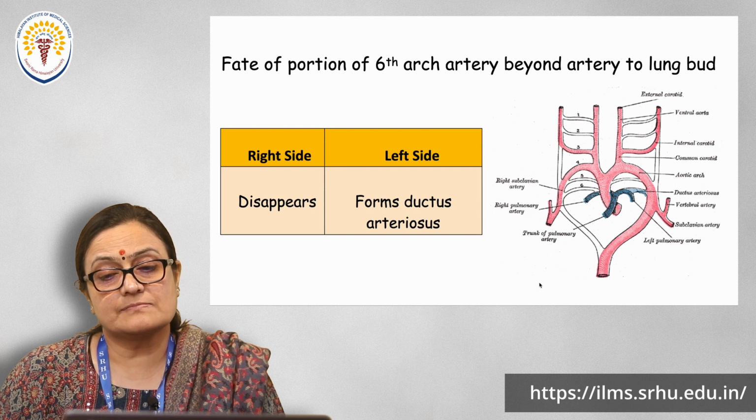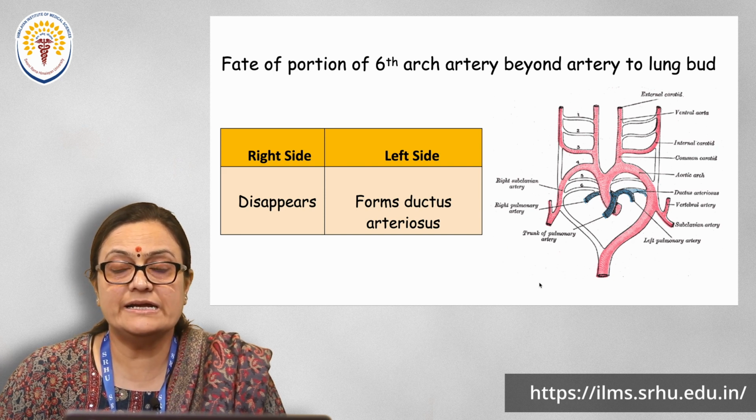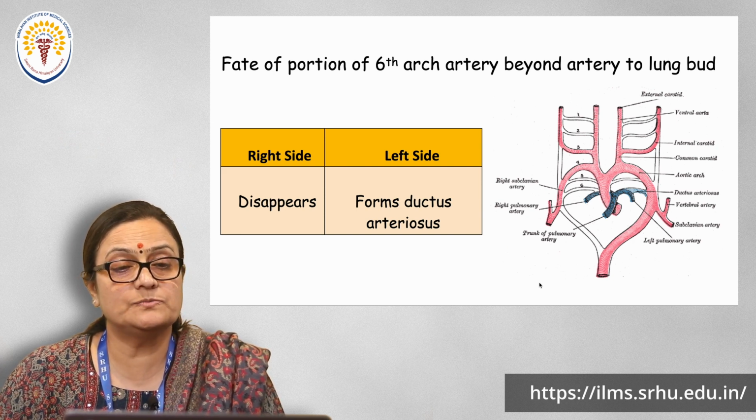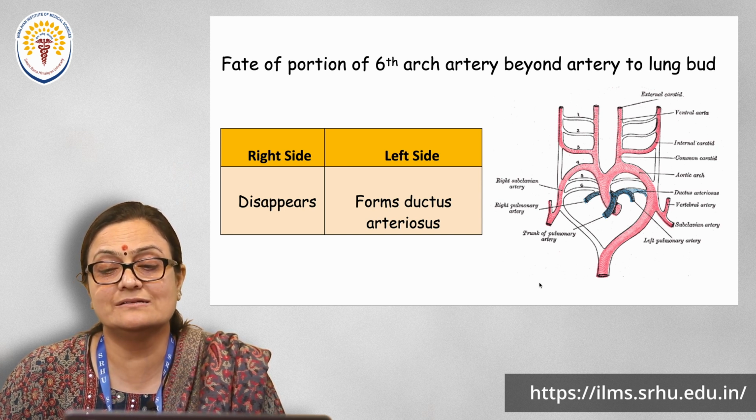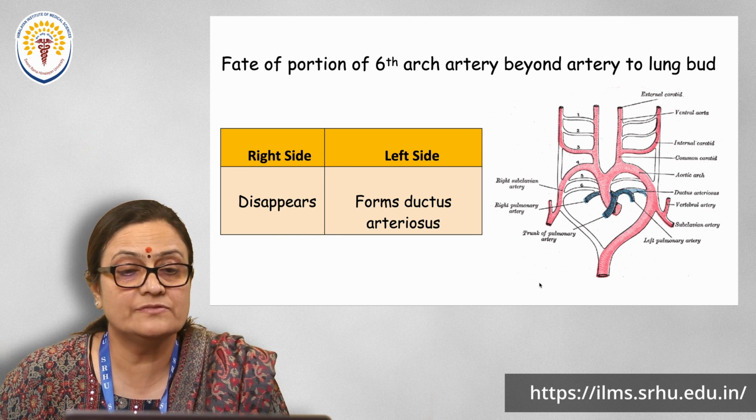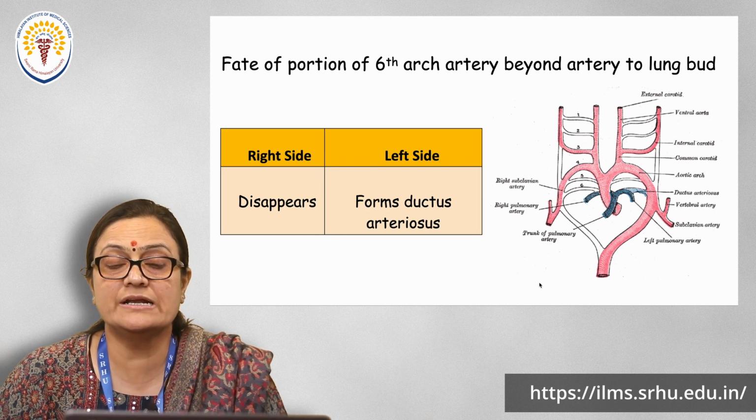Now, let us see what is happening on the right side and the left side. So, fate of the portion of sixth arch artery beyond the artery to the lung bud. Beyond means distal, the part which is shown by dotted blue lines, not the solid blue but the dotted white and blue dotted lines. We are talking about this portion on the left and right side.